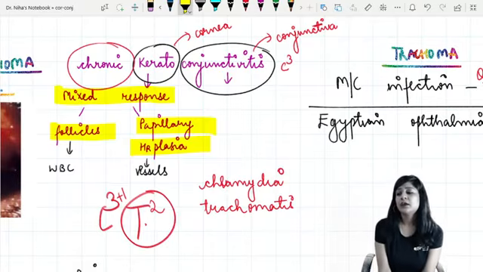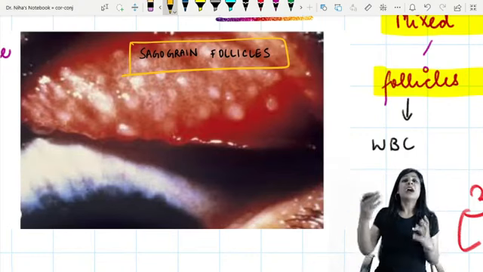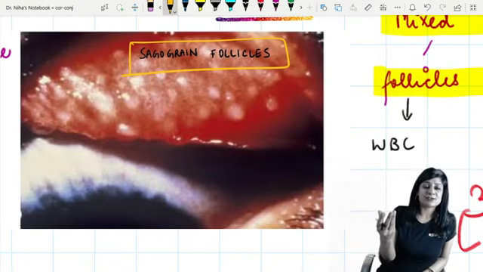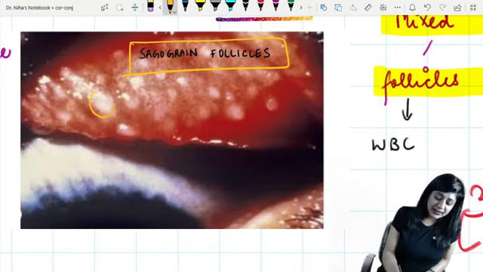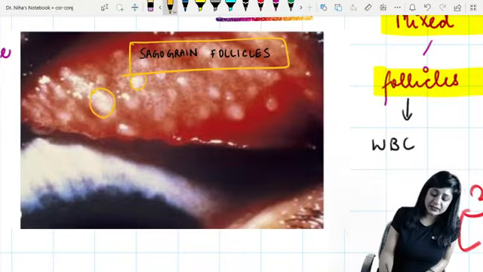Whenever we have any kind of conjunctivitis, either you will see follicles or you will have papillary hyperplasia, but trachoma is one place where you are seeing both. So what kind of follicles do we have? Beautiful, right? These are the sago grain follicles that you are getting. Sago grains, sabudana. When you boil sago grains, you have seen sabudana khichdi, right? So you are getting this pearly white color.